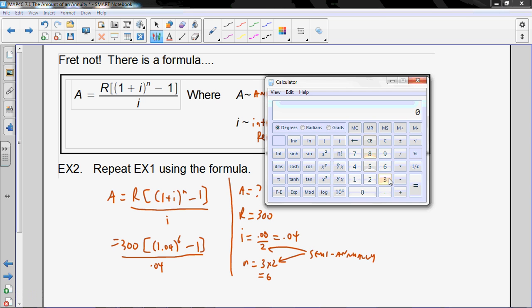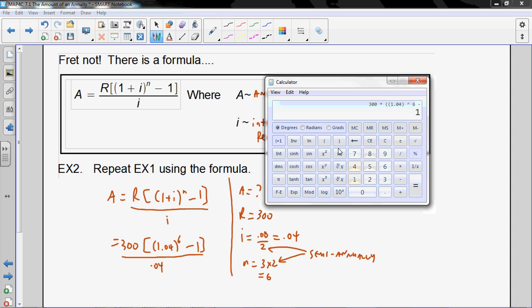This is the built-in calculator. 300 times, outside bracket here. Notice this inside bracket, in this case, we don't really need it. I'm going to put it in there anyway, just so I can show you. We put it in exactly like it appears. 1.04, bracket, to the exponent 6, minus 1.